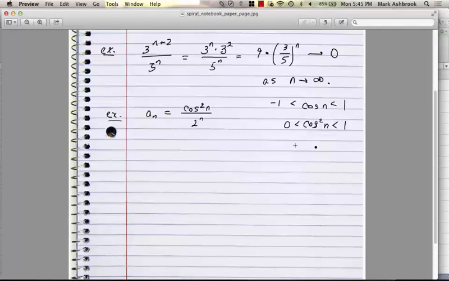So, what about cosine squared n over 2 to the n? What will that stay between? Not 0 and 1. If cosine squared is less than 1, then cosine squared n over 2 to the n is less than 1 over 2 to the n. And this is greater than 0 over 2 to the n, or 0.